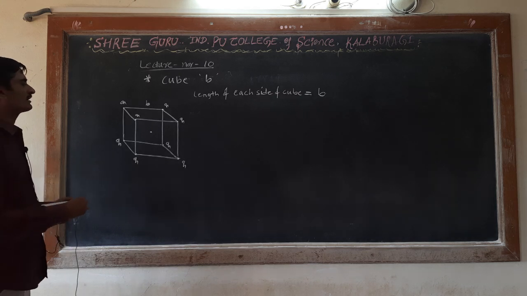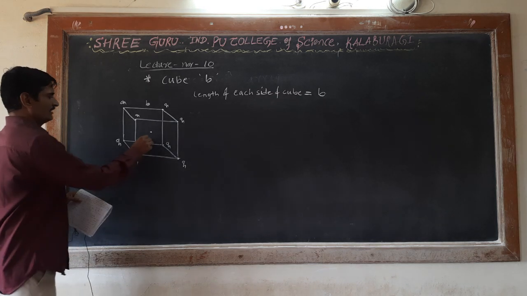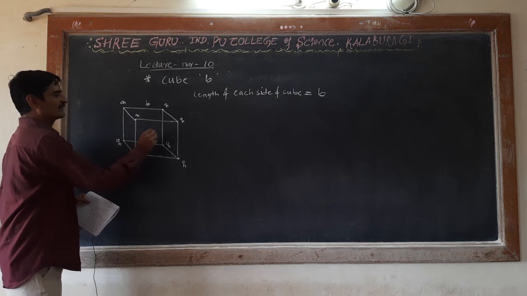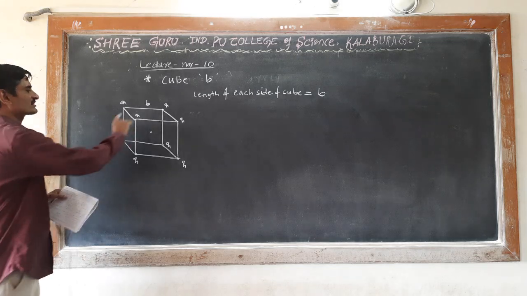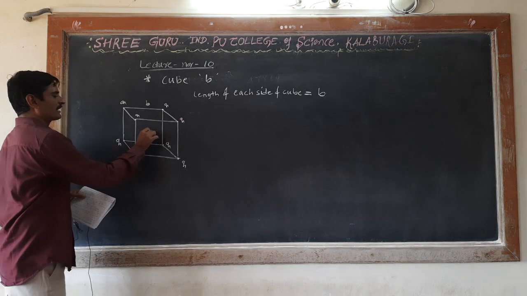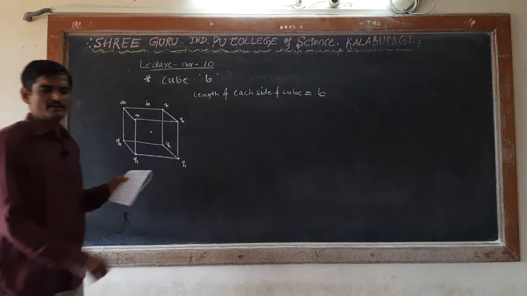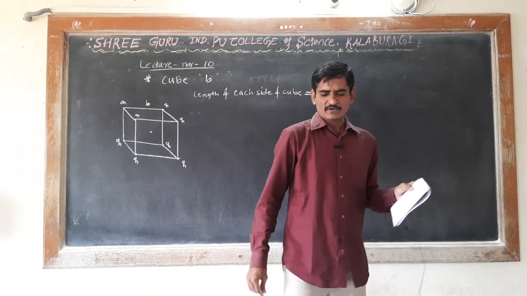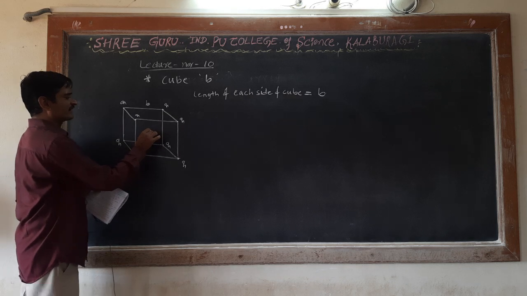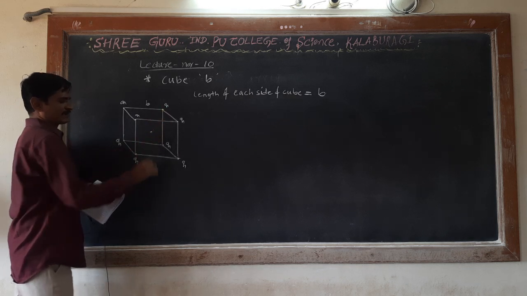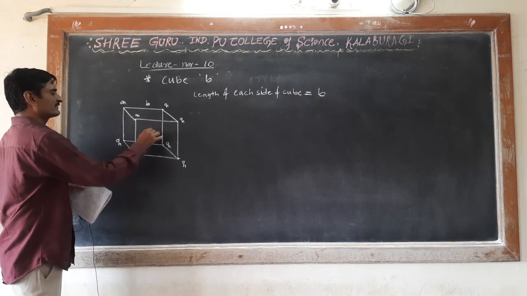So now we have to determine the electric potential and electric field at the center of this cube due to this charge distribution. First, we need to find the distance of the center of the cube from each vertex. First, find the length of the main diagonal of the cube.